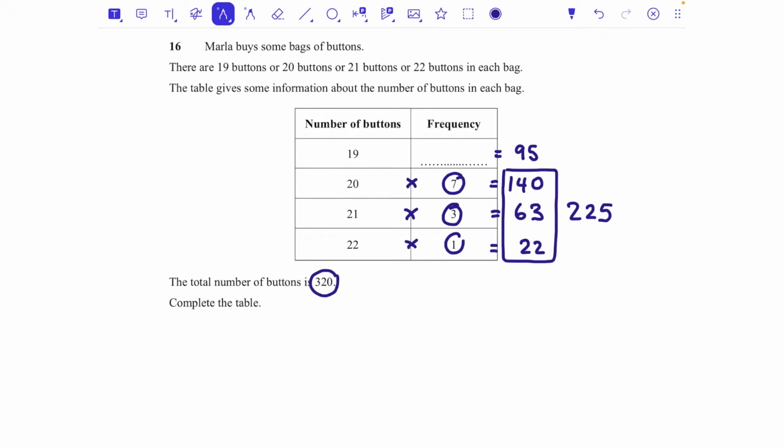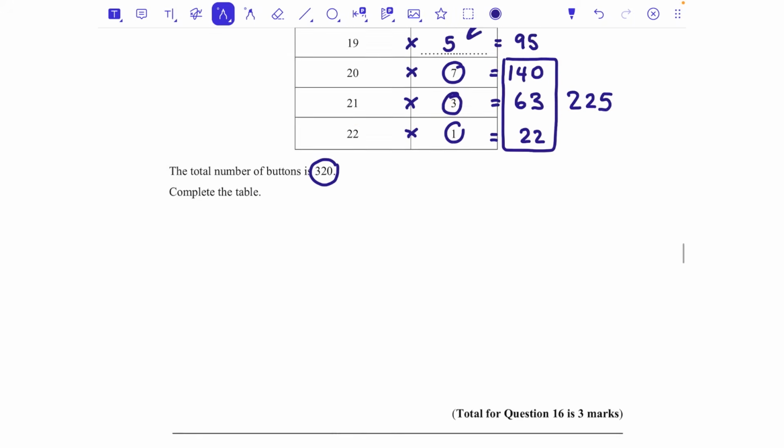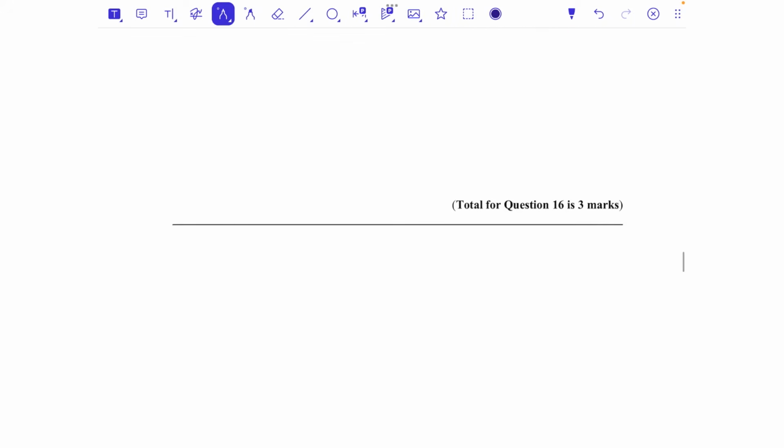So how many bags would I need with 19 buttons in to make 95? Well, if I do 95 divided by 19, it's 5 bags. 5 times 19 is 95. So we are missing 5 bags, and as long as you pop a 5 in that empty space, that's your 3 marks.